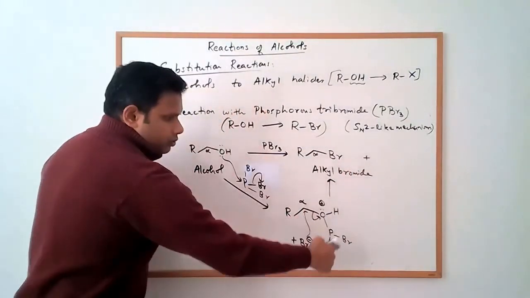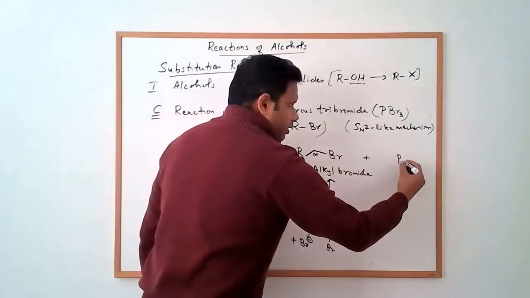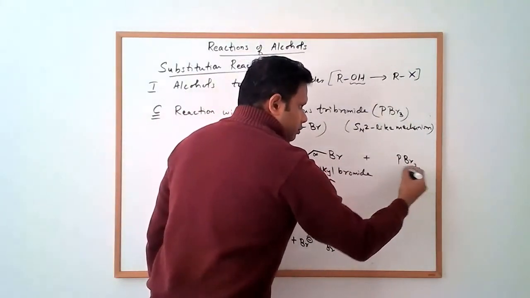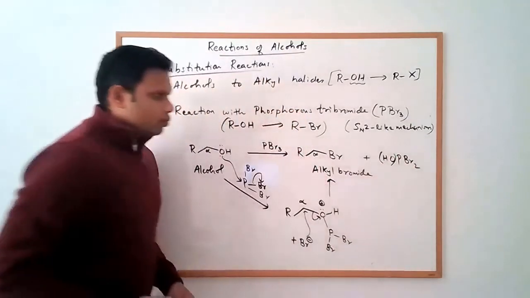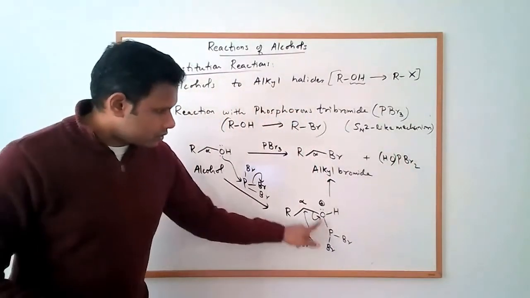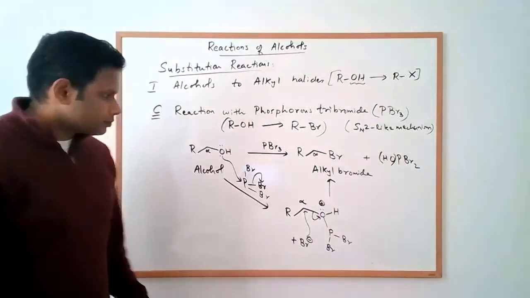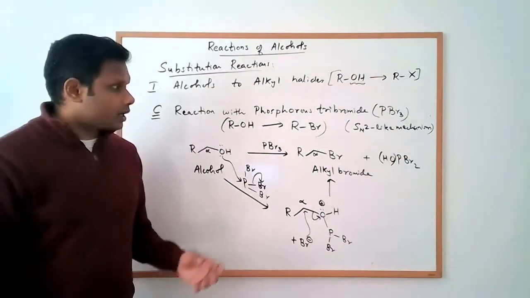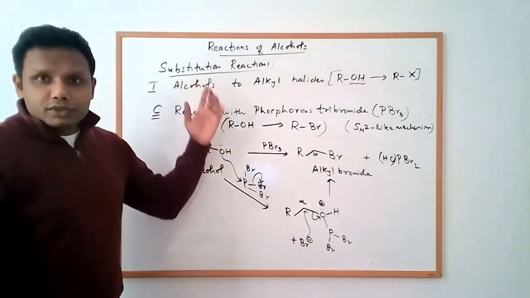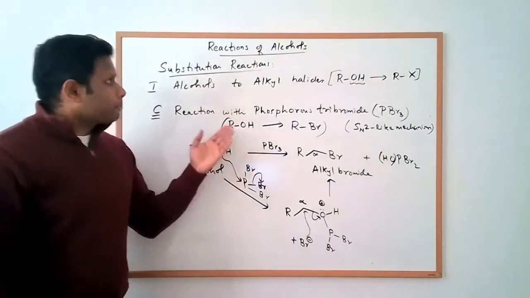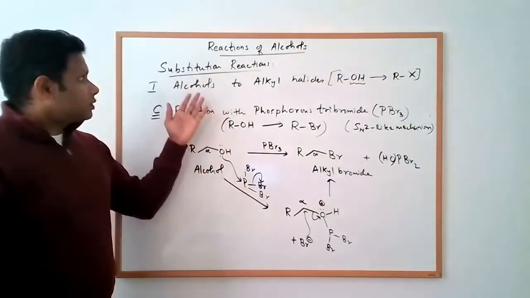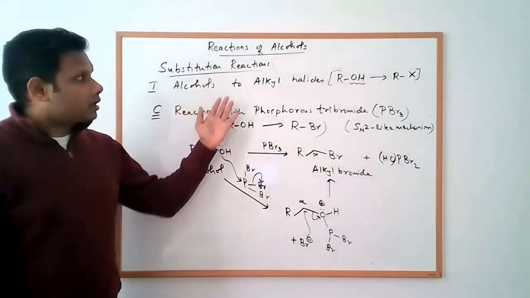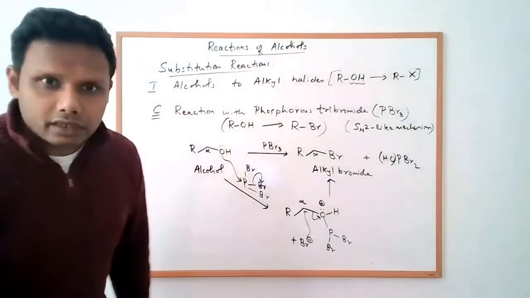Along with that, you're going to make that part as your side product. So you're going to have the Br2 on the phosphorus, and the phosphorus will have a hydroxyl group. So those are some of the substitution reactions, specifically, of alcohols. And the ones that we looked at are the ones that convert alcohols into alkyl halides.